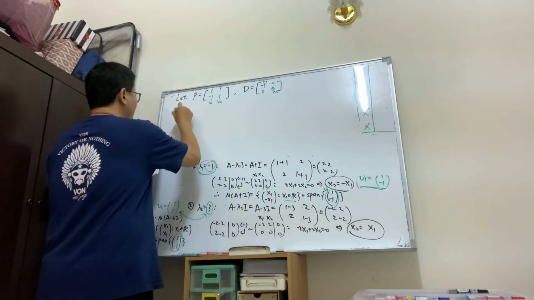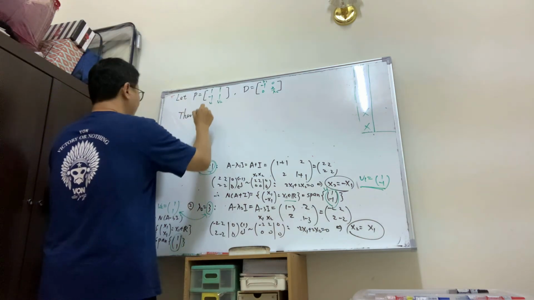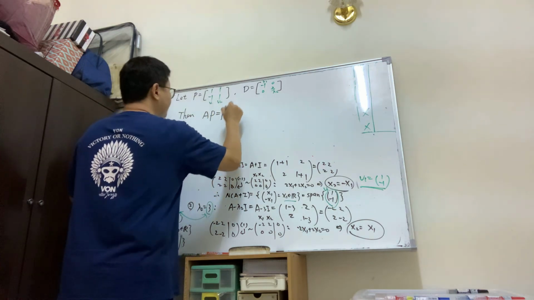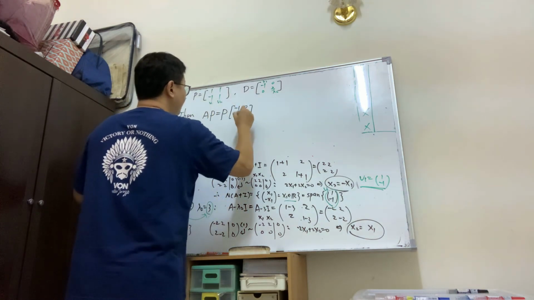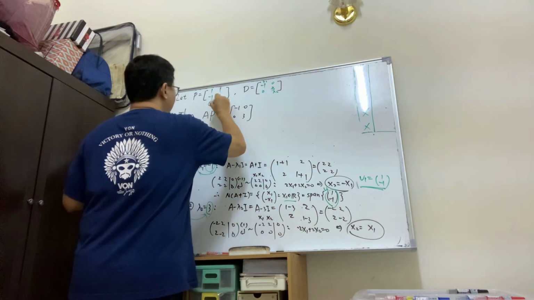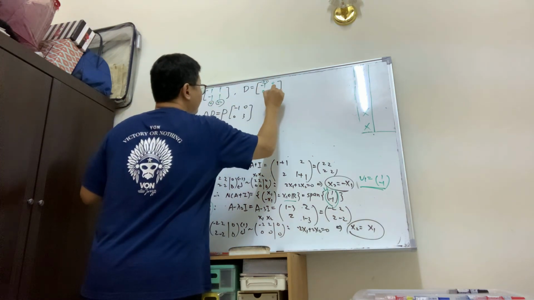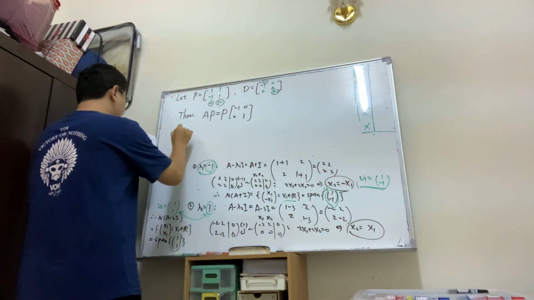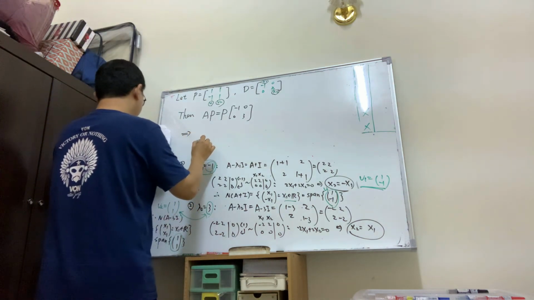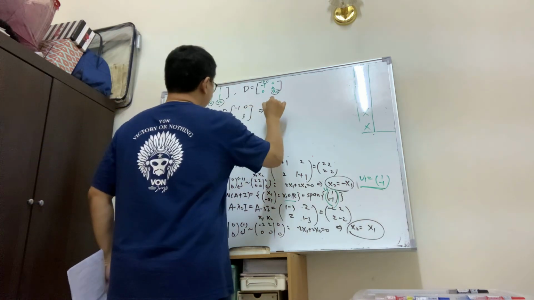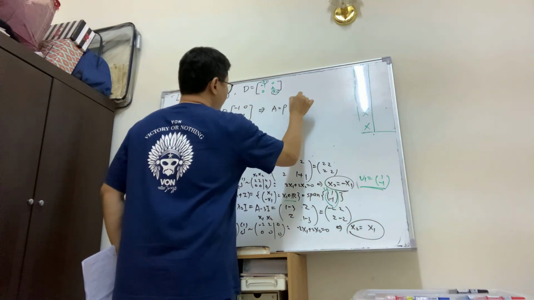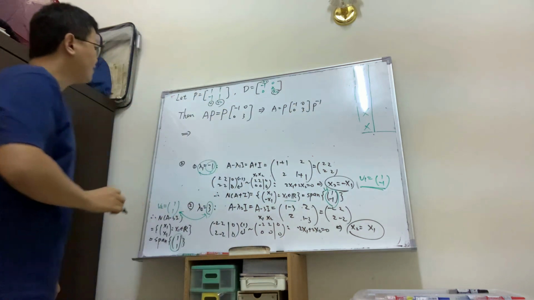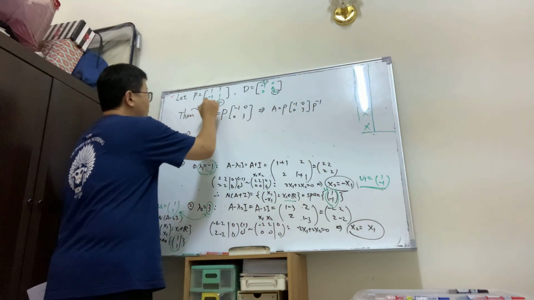Then you could write down the solution directly. AP equals PD. This one. Then what can we say? Of course, A equals P times the diagonal matrix with -1, 0, 0, 3 times P inverse. And for the matrix P, you could figure out its inverse.